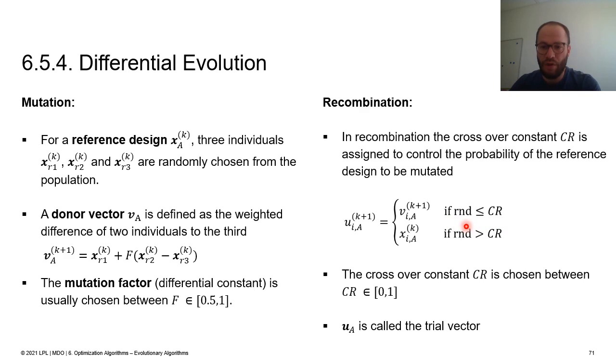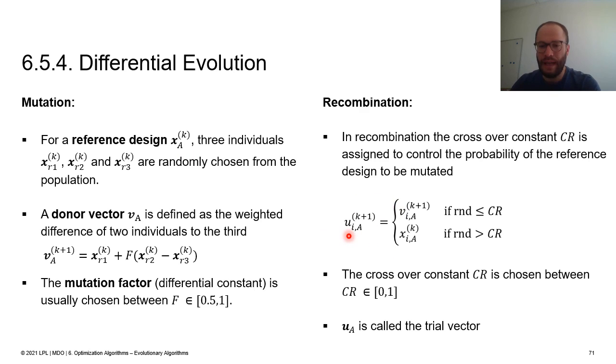You have a random number generator here, RND, and if it is smaller than the crossover constant, then you choose this component of the donor vector for the so-called trial vector U. But if the random number is greater than your chosen crossover constant, then you choose the component of your reference design variable vector, XA, for the trial vector.